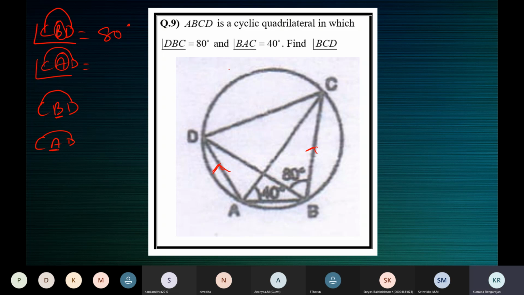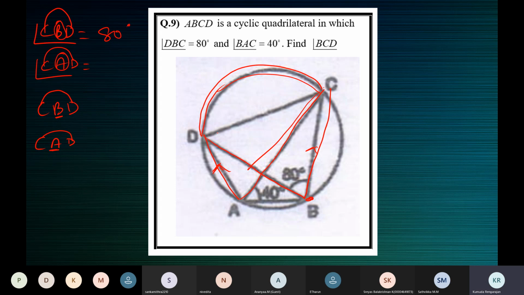CBD, CAD: the points are B and A on the circumference. The arc is CD.